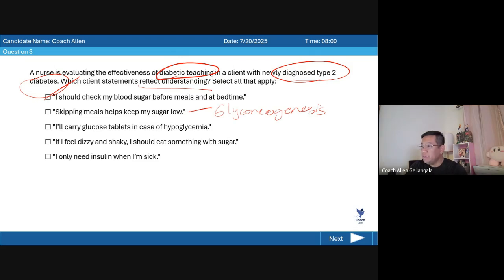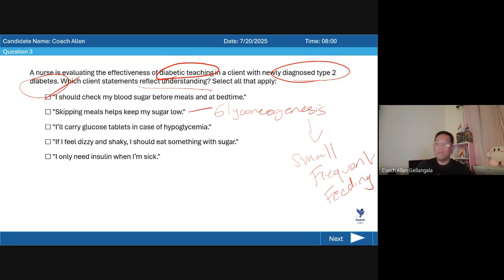In fact, what do you need to do when you have diabetes mellitus? Do we skip meals? We do small, frequent feeding, right? And then we are going to lessen carbohydrates, and then we are going to actually increase protein intake. So that's how we're going to approach the diet.